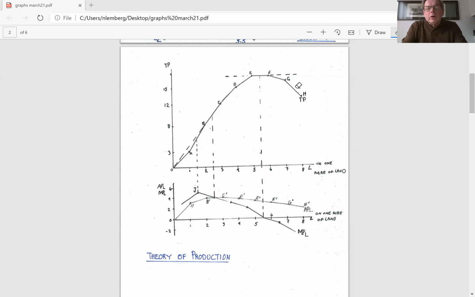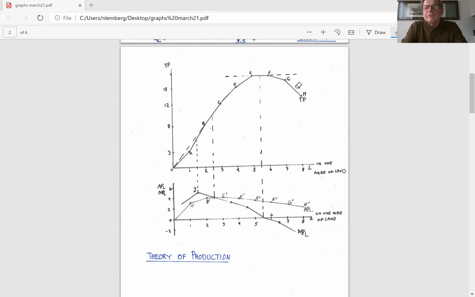Now, if you were to calculate the slope between 2 points, from the origin to point A, and then between point A and B, between point B and C, C and D, and so forth, I would recommend that you do this little exercise.